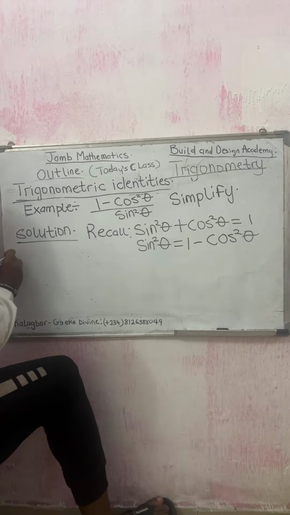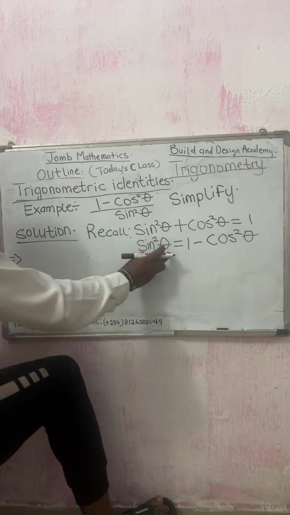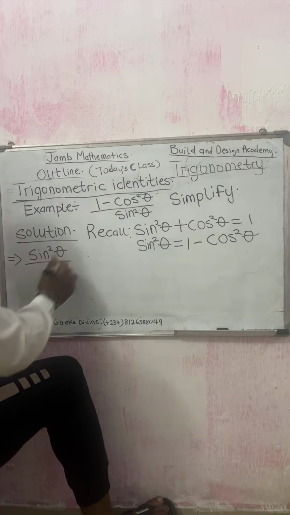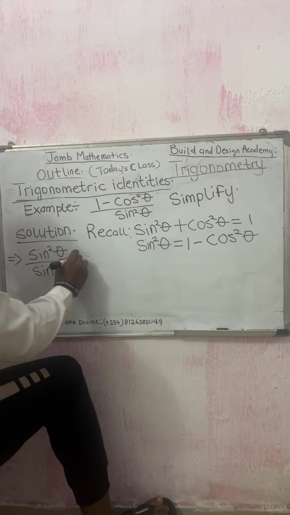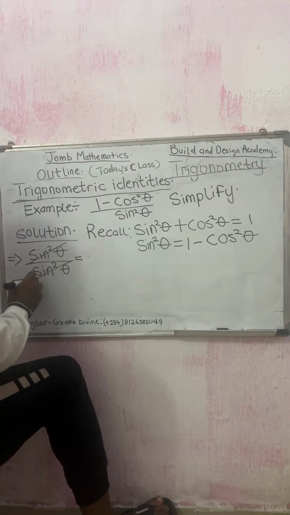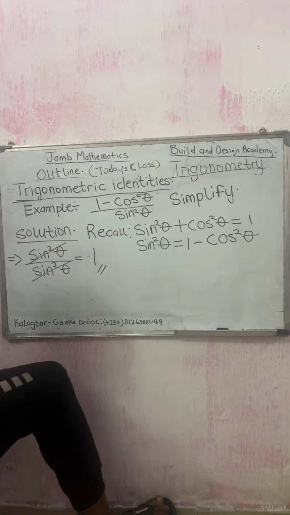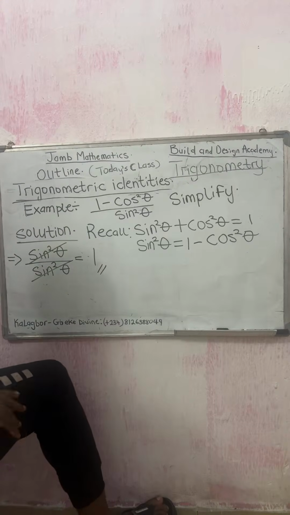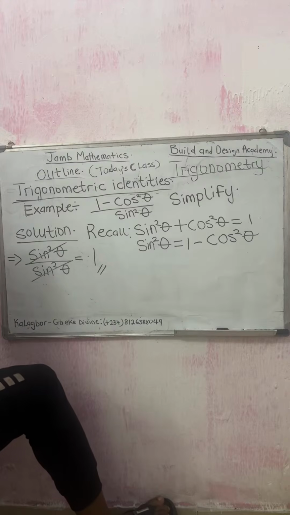So now, our solution will be equal to, in place of this numerator, we'll substitute sine square theta, all over our denominator, sine square theta. Sine square theta divided by sine square theta will give us 1. So this is our final answer. Very, very simple. This will take you 1 minute to solve.